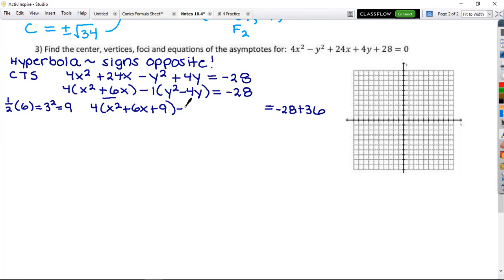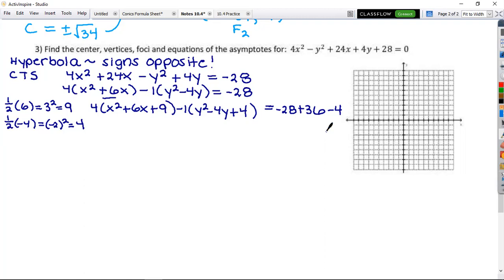So I'm going to go minus 1. I've got y squared minus 4y. Again, I'll show it in case you want it. So I'm going to do half of negative 4, which is negative 2. Negative 2 squared is equal to 4. And take that value, negative 4 here.